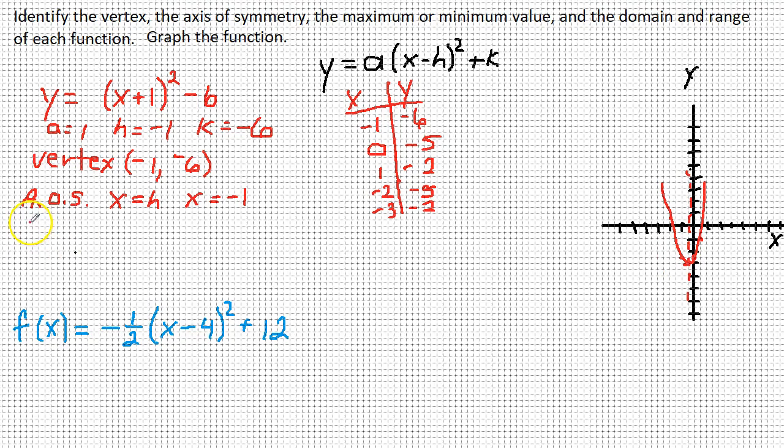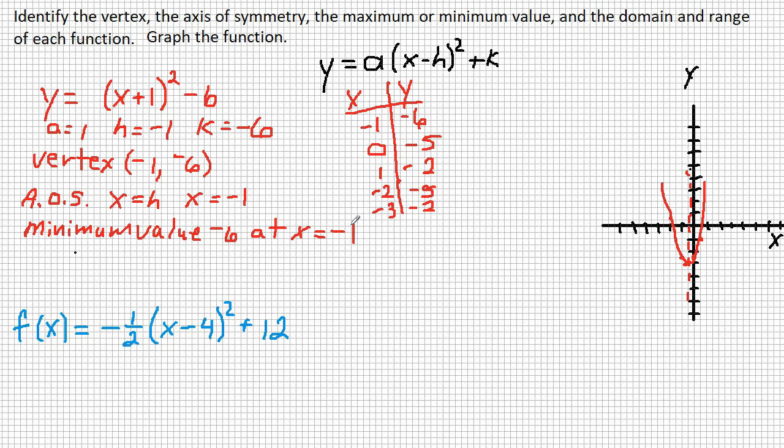So we have a minimum value of negative 6, and it is located at x equals negative 1. When in doubt, just give the coordinates of your vertex, negative 1, negative 6, and write the word minimum. That just tells that you know it's down there at negative 1, negative 6. But the maximum or minimum value is technically the y value.